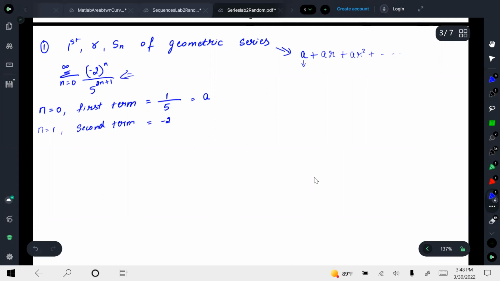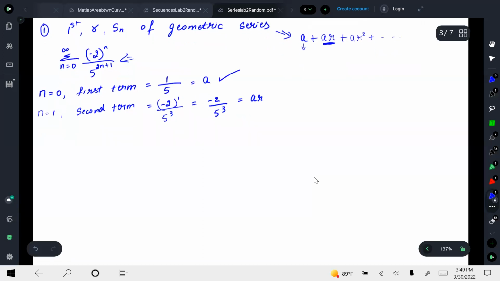So you get negative 2 raised to the power of 1 divided by 5 cube. That will give you negative 2 divided by 5 cube, and this is equal to the second term, ar.